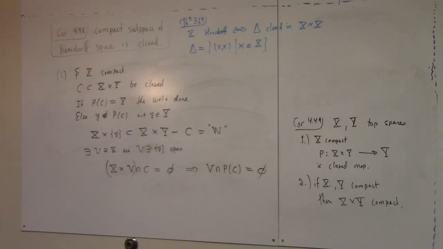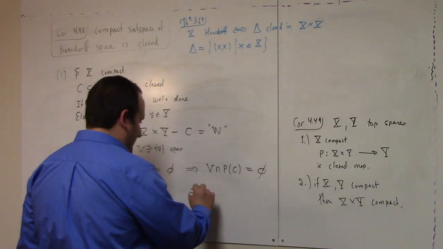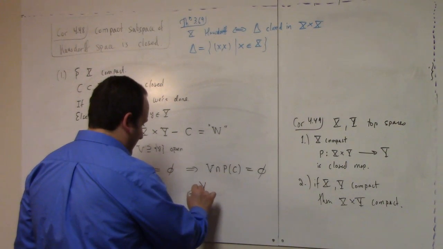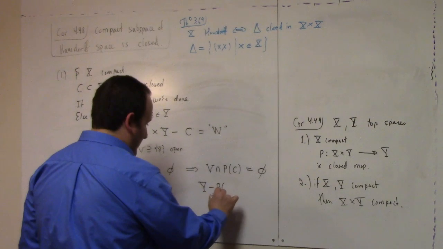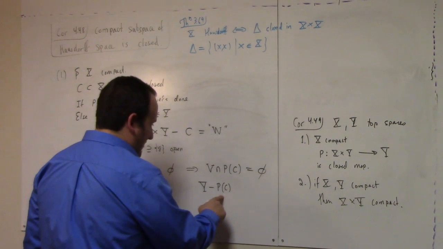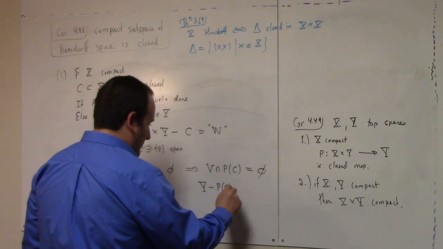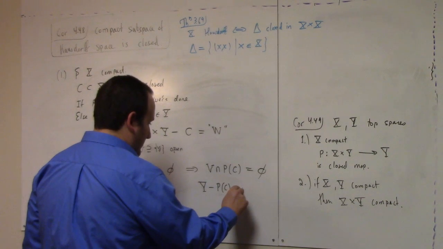Well, what I mean is, that tells us that V is in Y minus P of C. That means that Y minus P of C is open. Oh, okay, P of C is closed. I'm sorry, I was reading something and got carried away here. Thank you, bring me back down to earth. So Y minus P of C is open. Yeah.